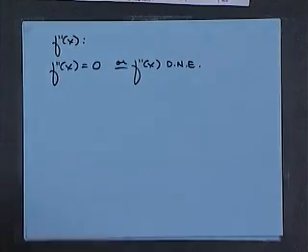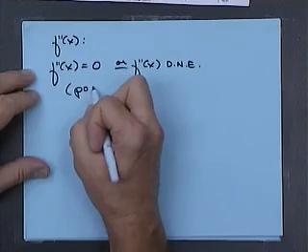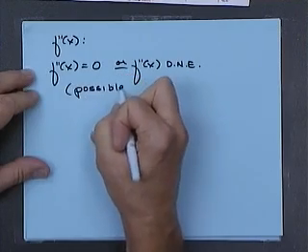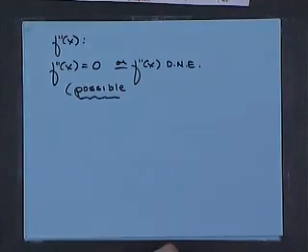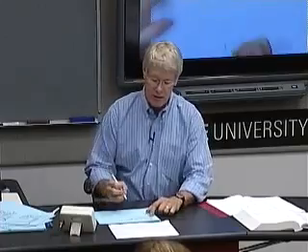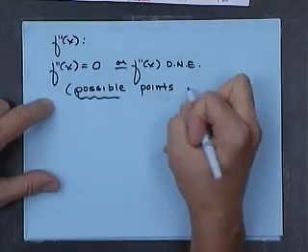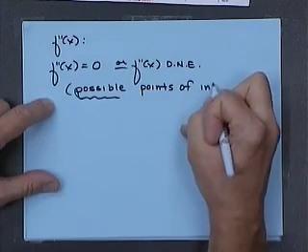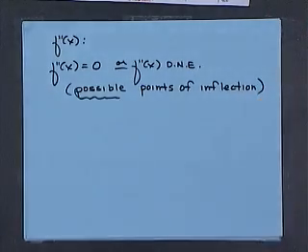Okay, possible points of, right, possible inflection points. With the emphasis on the possible. They may or may not be. They're candidates. We do have to check and see that they are, in fact, points of inflection. Possible points. Now, what will determine if it is, in fact, a point of inflection?